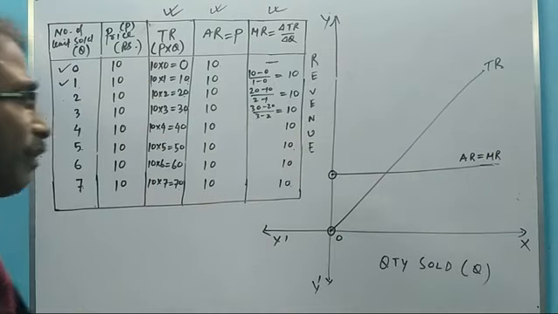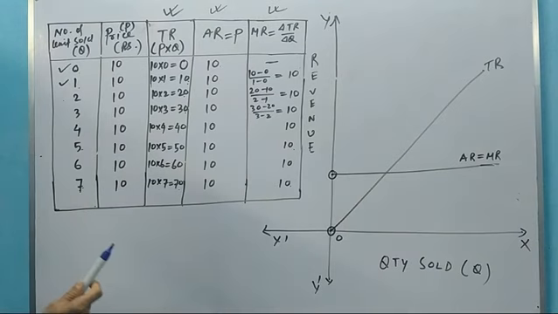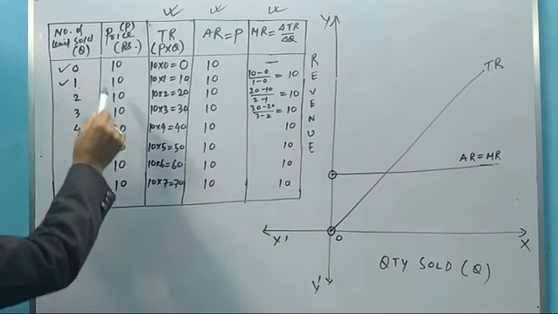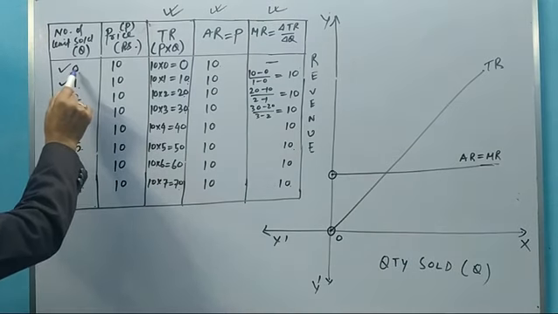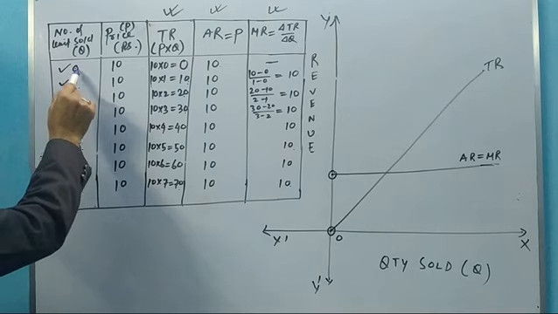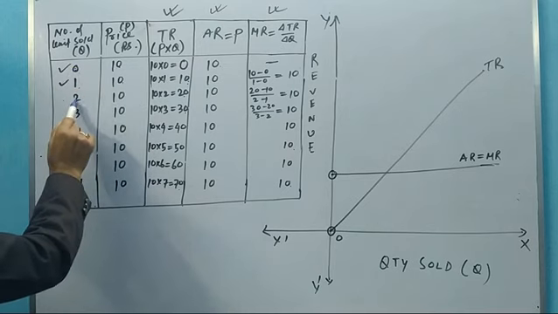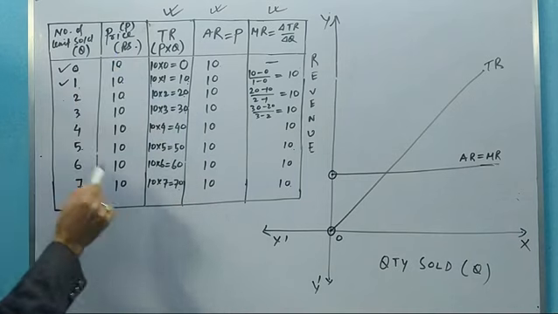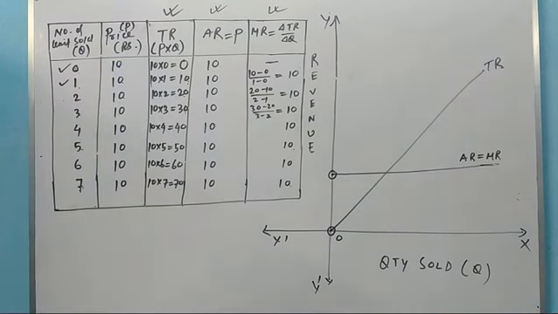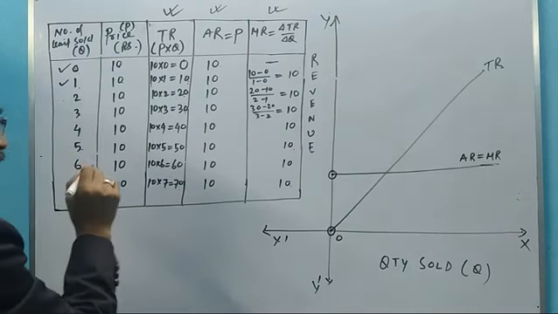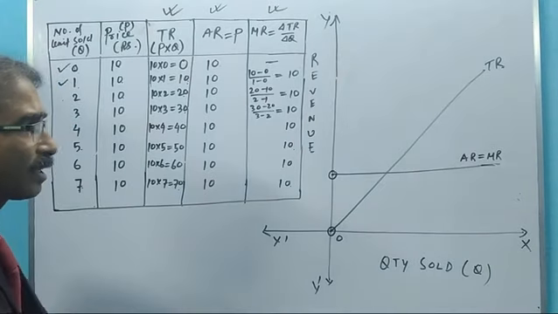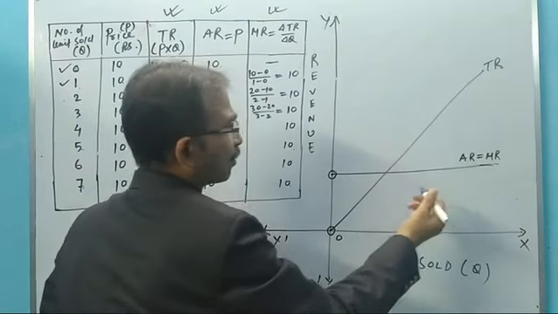And if we draw the price curve, then the price curve also will be parallel to the horizontal axis, because you know here when selling 0 units it is 0, 10, 1, 10, 2, 10, 3, 10, and in this way, if you draw and put this data into the two-dimensional graph, then the price curve will also be parallel to the horizontal line.